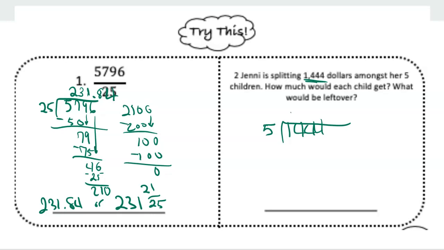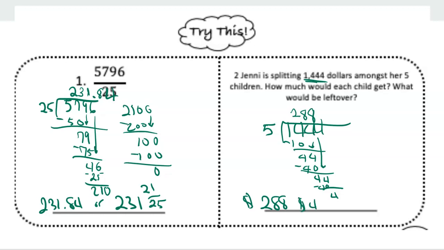Then I just divide. When I'm done dividing, they're each going to get $288 with $4 left over. Okay, that's long division.